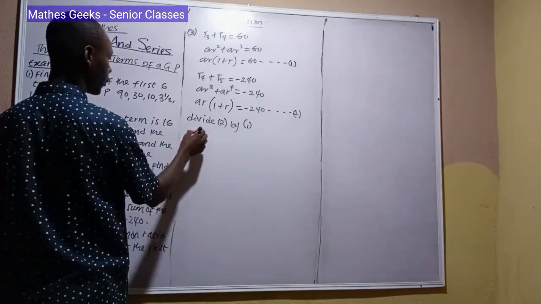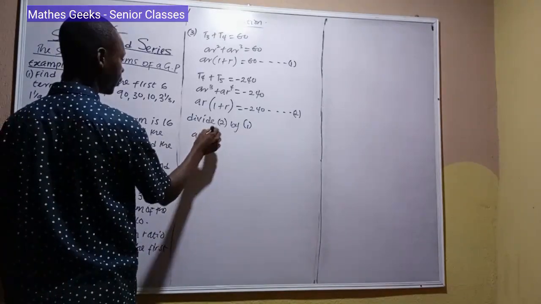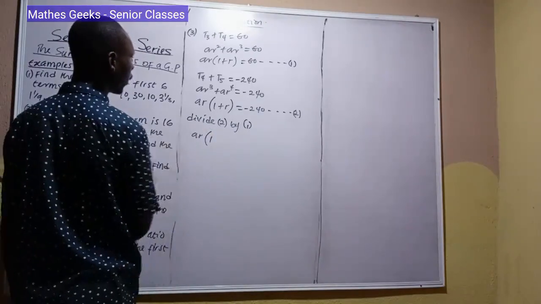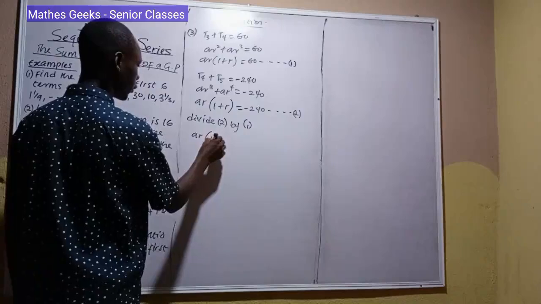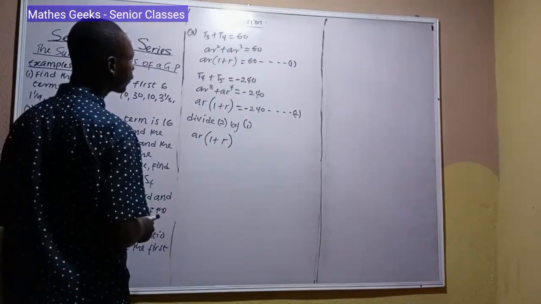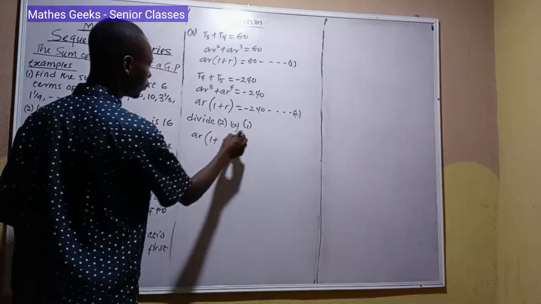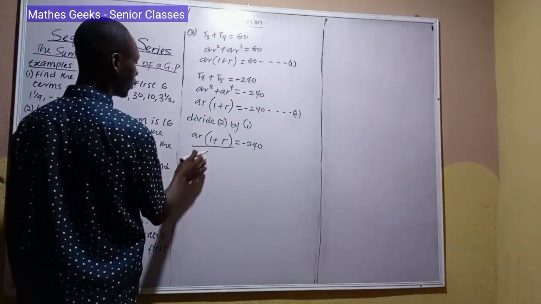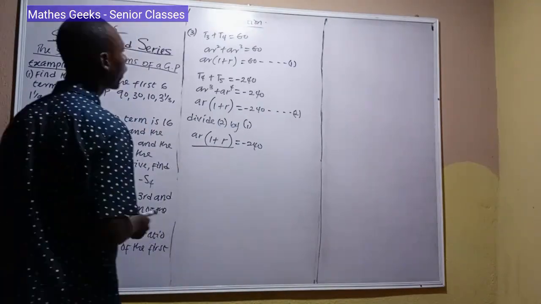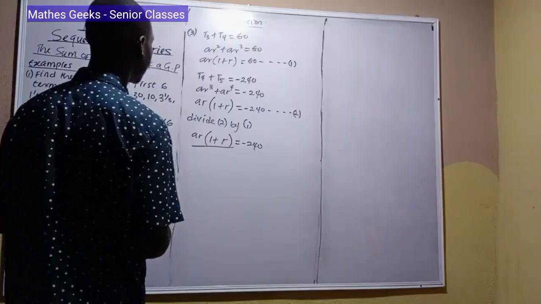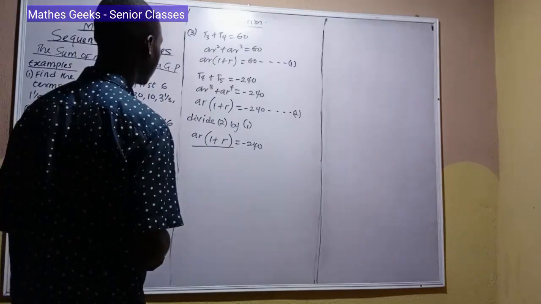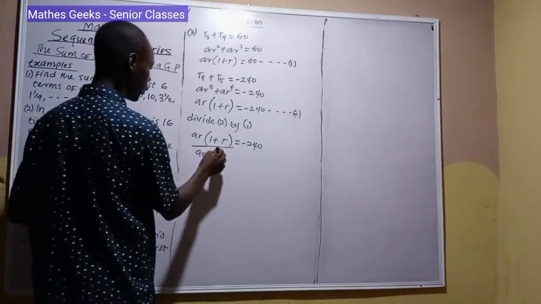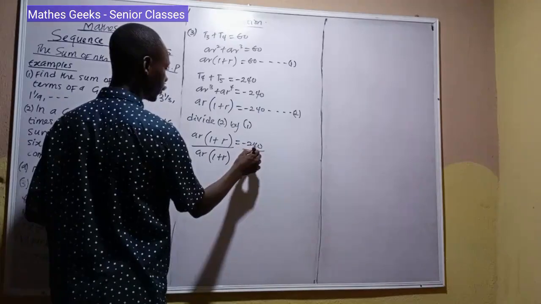So equation 2 is ar^3(1 plus r) equal to minus 240, over ar^2(1 plus r) over 60.